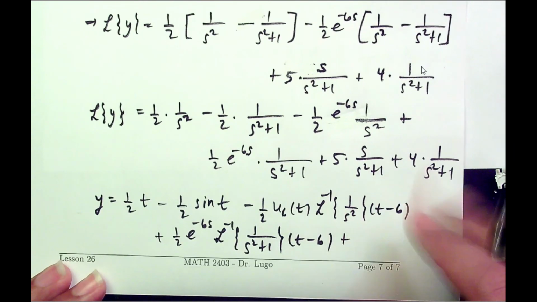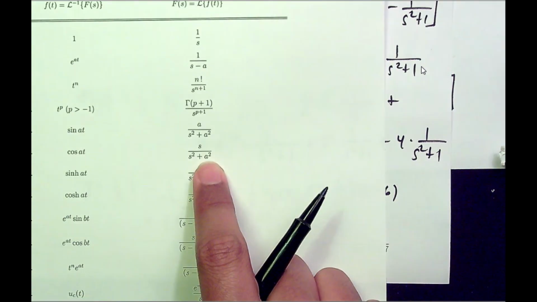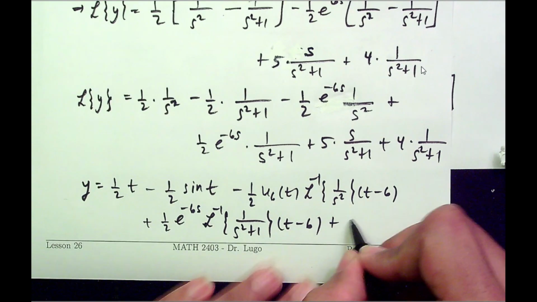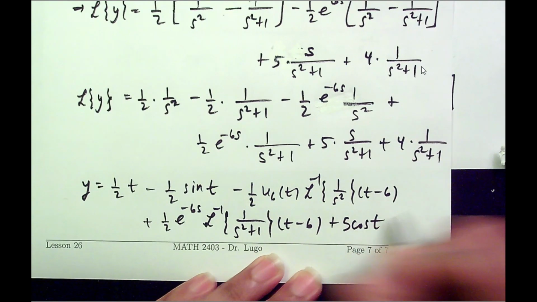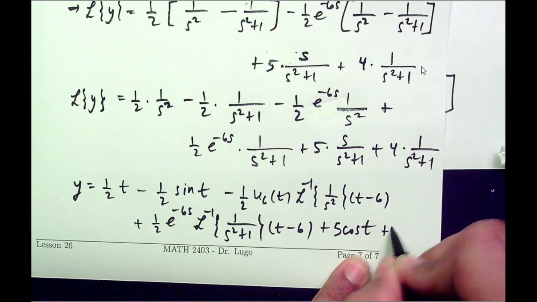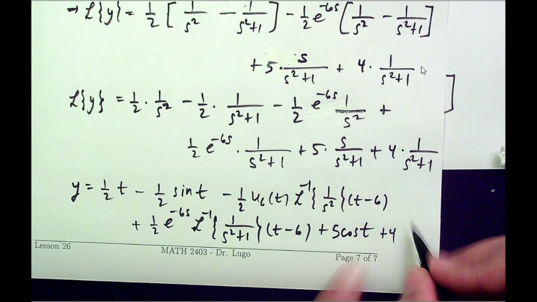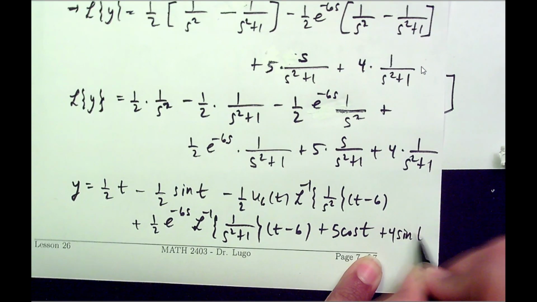And then, now let's invert this one. S over s squared plus 1 is right there, this one, where a equals 1, so that's the cosine of t. So plus 5 cosine of t. And that one is a sine, where a equals 1. So plus 4 sine of t.